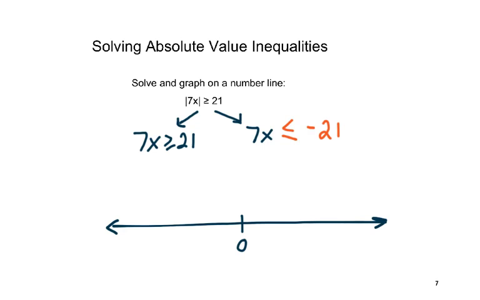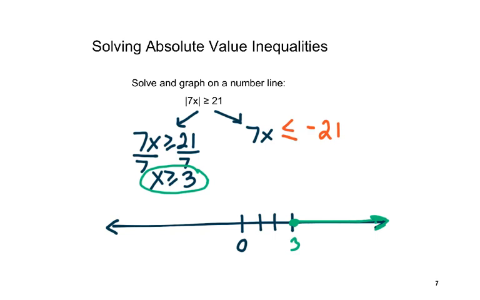When we solve for this, let's solve the positive side first. We're going to divide both sides by 7, and we'll get x is greater than or equal to 3. On the number line, that represents the number 3, and anything greater than or equal to 3 is going to be part of our solution.